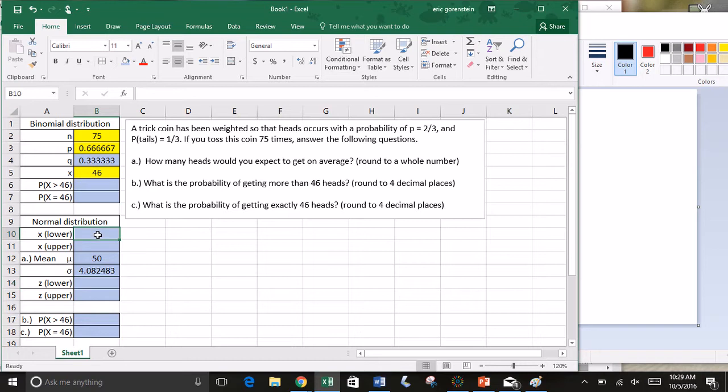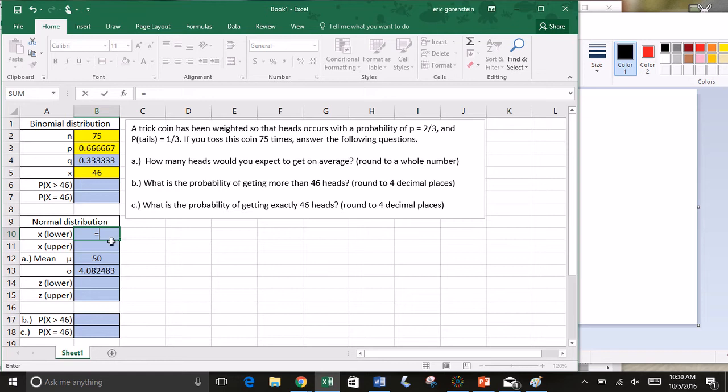So the lower limit would be 0.5 below 46, and the upper limit would be 0.5 above. Again, I could type in 45.5 and 46.5, but I'm going to type in a formula based on cell B5, based on where the 46 is.